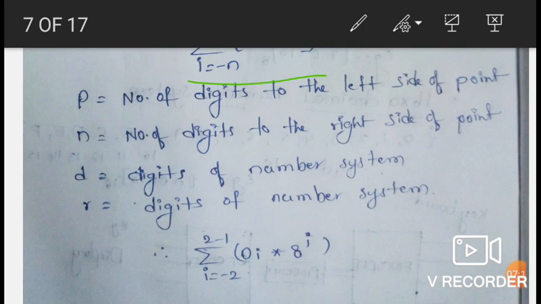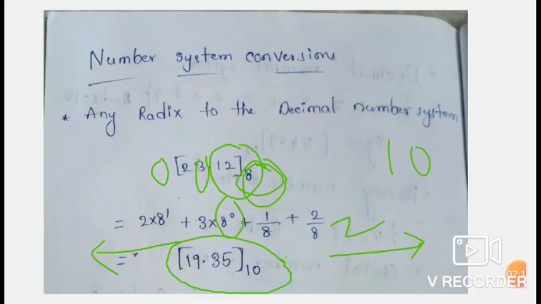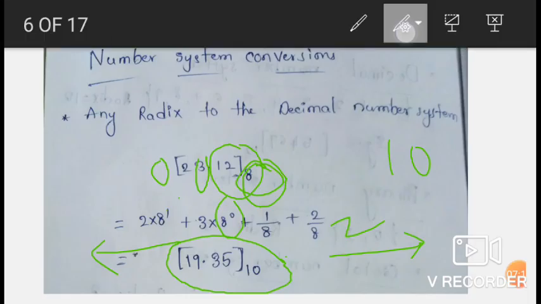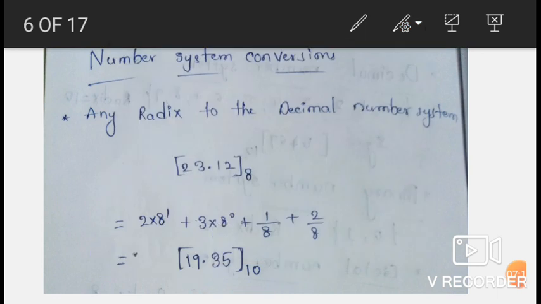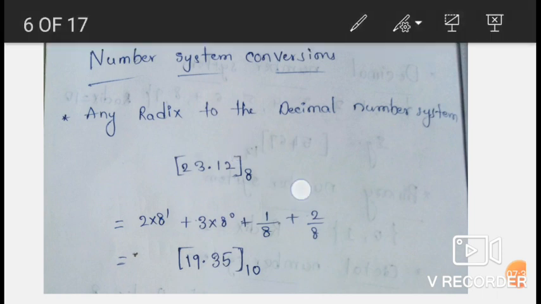Here p is nothing but the number of digits to the left side of the point. If we take 23 as the integer part and 12 as the fraction part, here p is 2 and n is 2, as the fraction part consists of 2 digits.